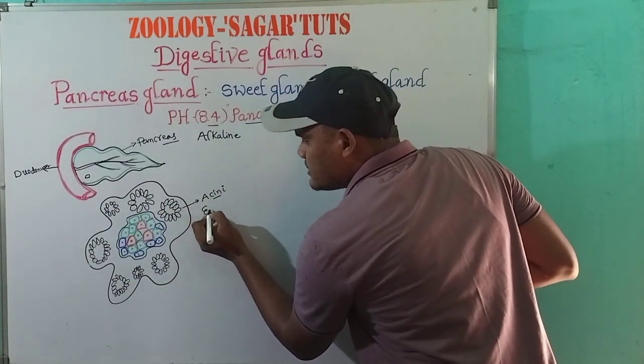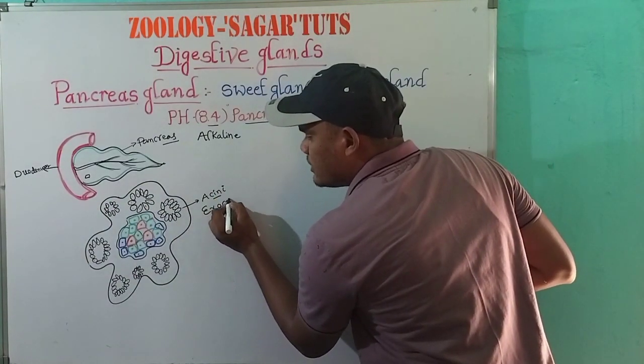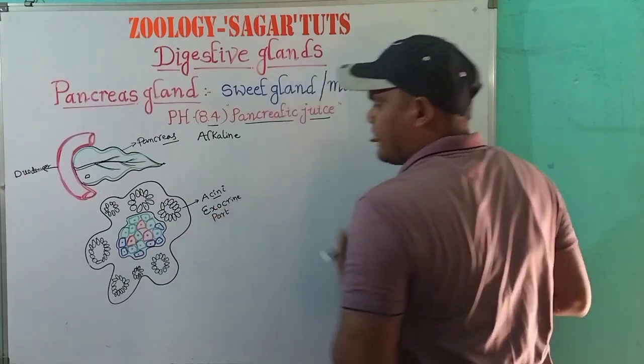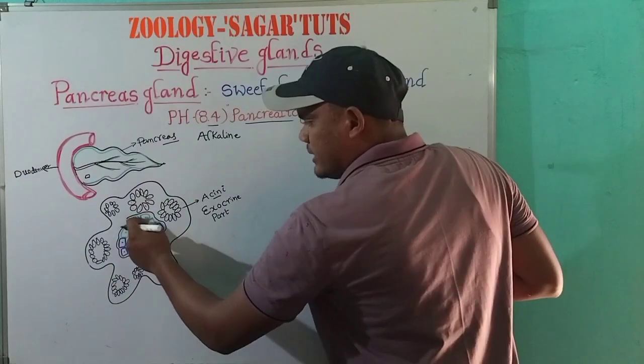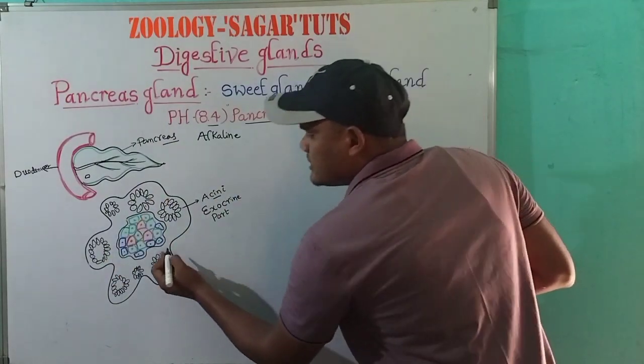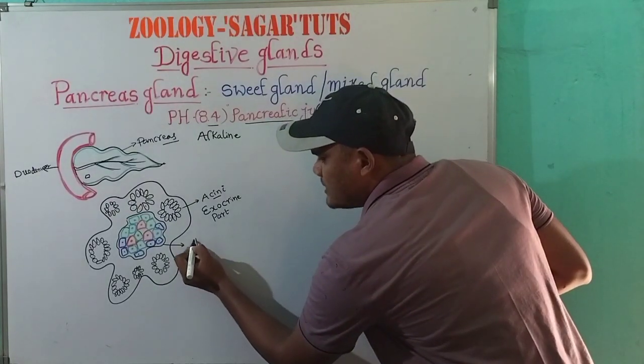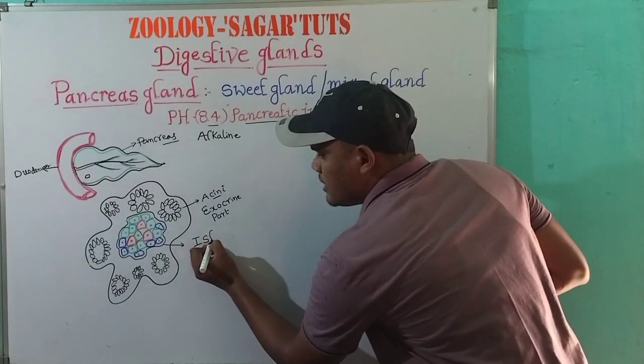This part is called the exocrine part. Coming to the middle region, it consists of a group of cells, that is the islets of Langerhans.